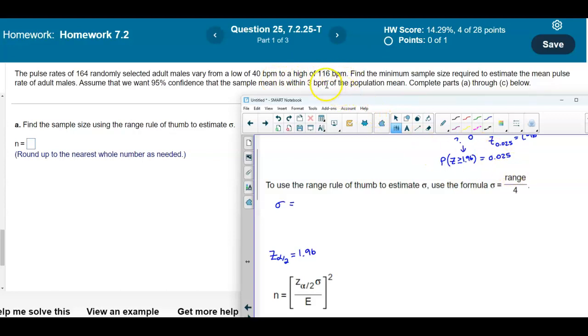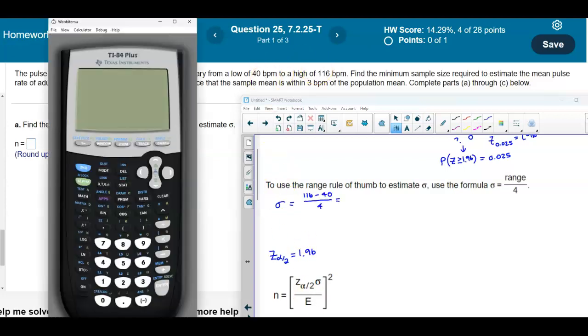So the range is the larger value, 116, minus the lower value of 40, and then we divide that by 4. So 116 minus 40, divided by 4, gives us 19.